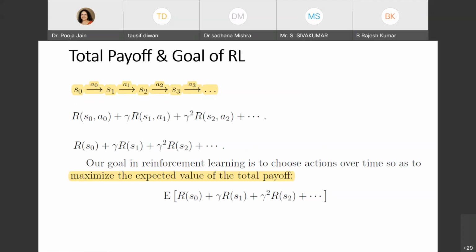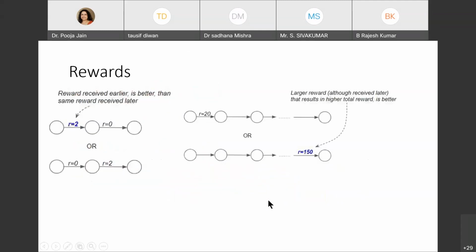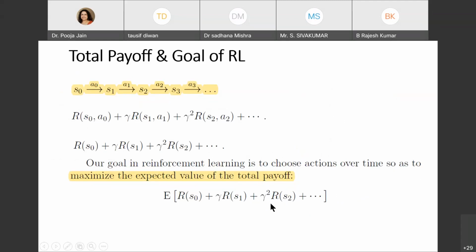It means that at a very later state, if you take a very large amount of reward, that is compensated with the help of the power of this gamma. So what is the conclusion? The conclusion is this: a larger reward, although received later, that results in a higher total reward is better. This is the case when you apply the formula of expectation over here.